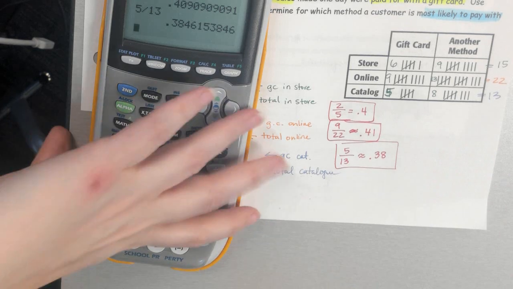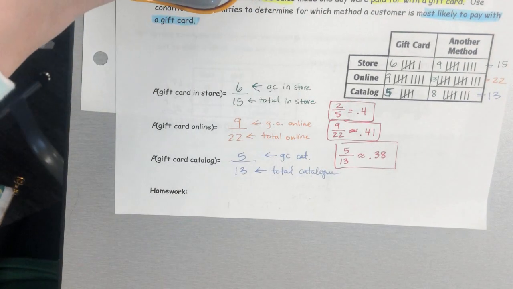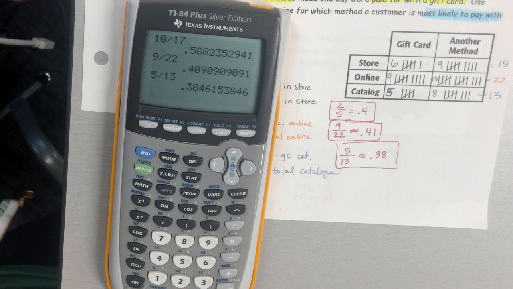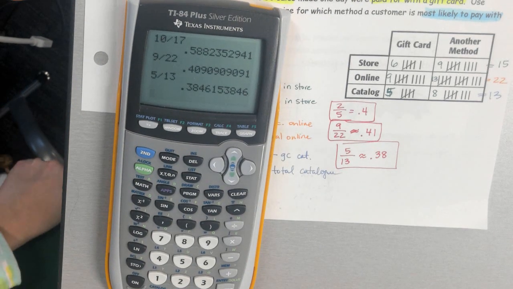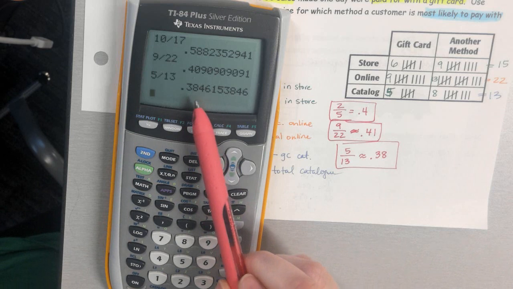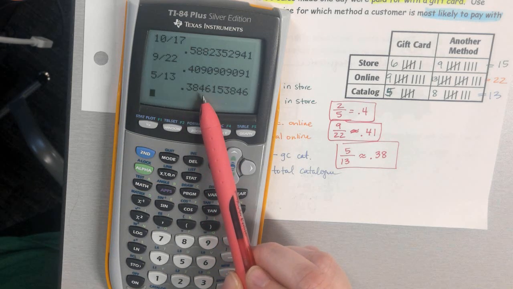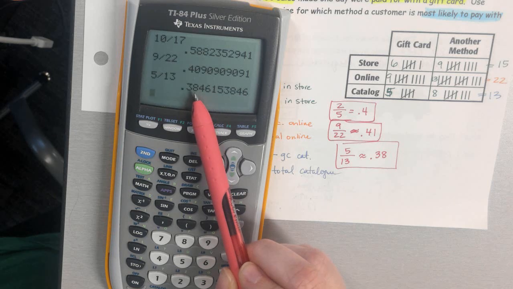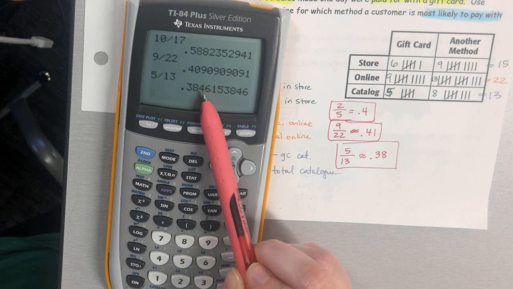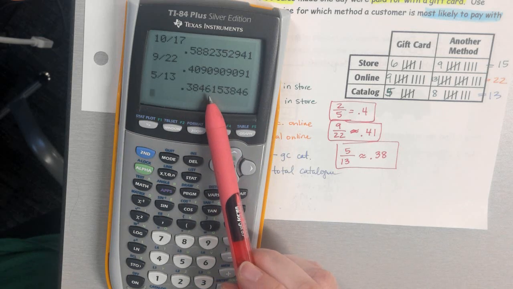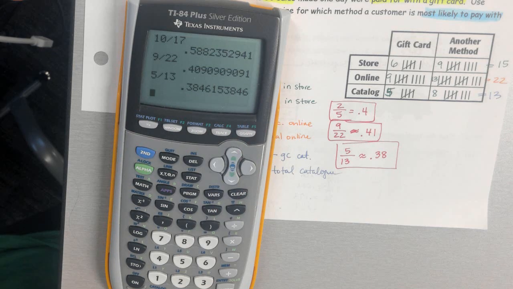So when you're rounding, you have to look at whatever place you're rounding to, the number directly behind it. So directly behind the second place there is the 4, so it'll be the same. If you were doing to the thousandth place, then yeah, the 6 would round that up.